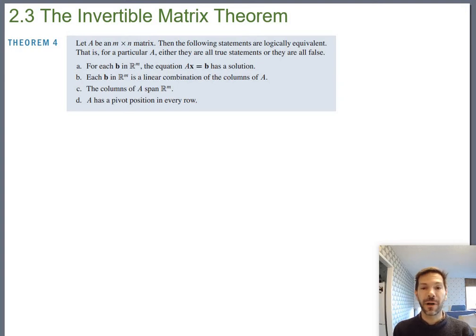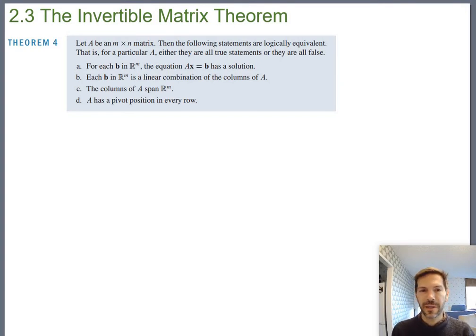If that's true, that means that each b is a linear combination of the columns of A. That's literally what it means to multiply A times x, as you're combining the columns of A. And if you can do it for each and every b, that means that the columns of A, when you combine them, span all of the output space. And that will only happen if you can always solve, which means there has to be a pivot position in every row.